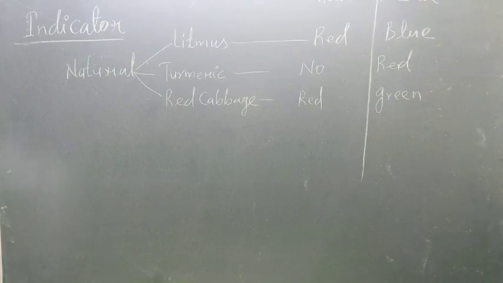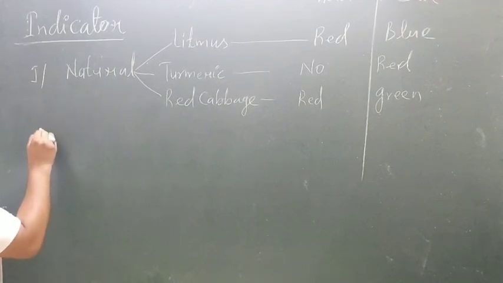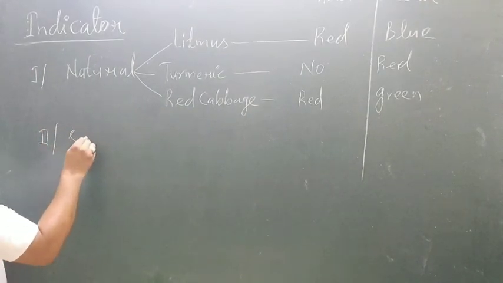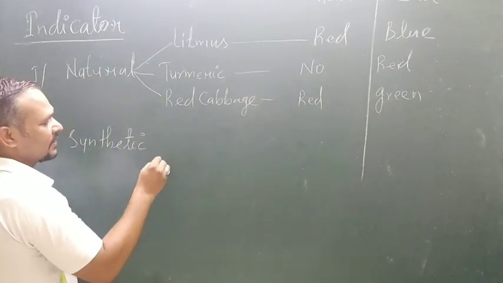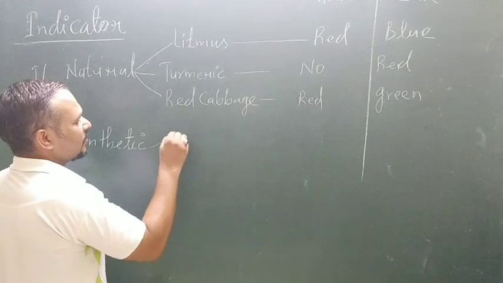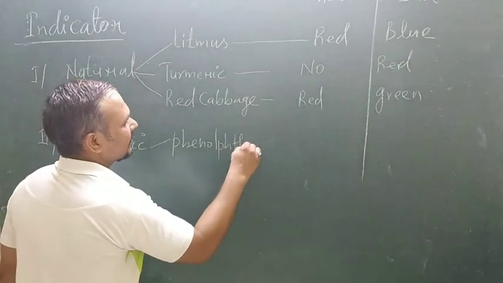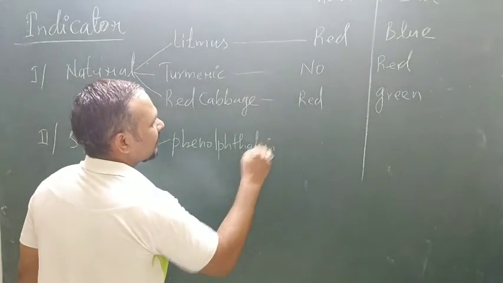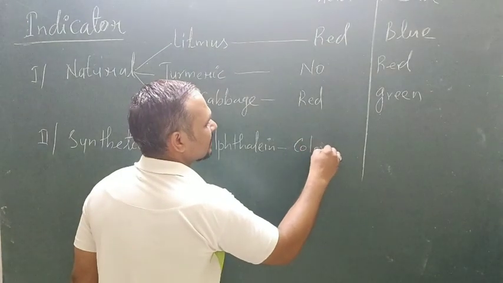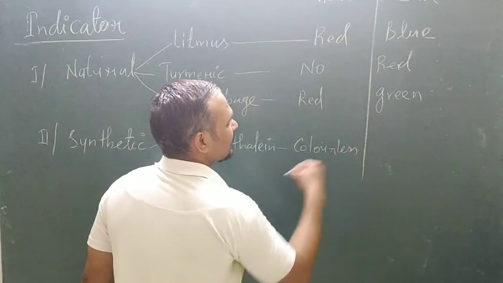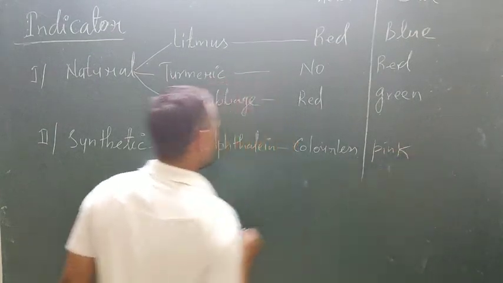Now the next category is called synthetic indicator. The first one is phenolphthalein. Phenolphthalein is colorless in acidic solution, but it changes into pink in basic solution.